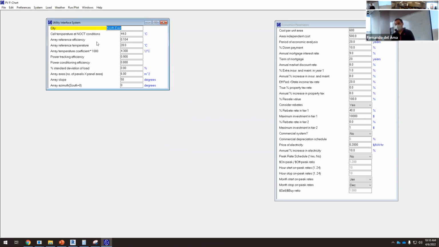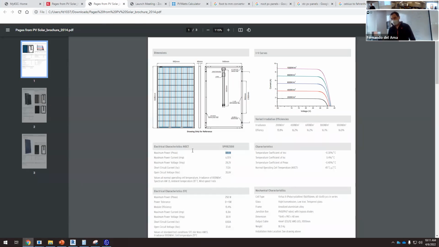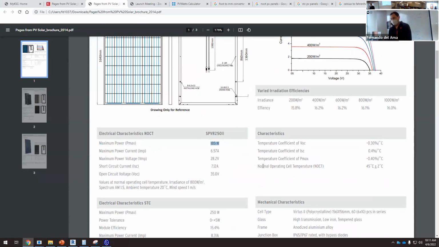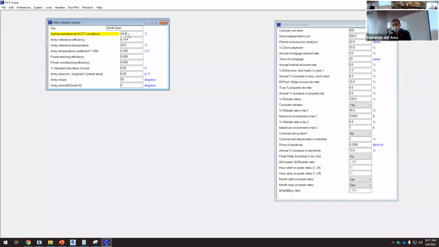So all the systems have some limitations. But here we have the cell temperature at NOCT conditions. Okay, that's good news, because if you remember, we have this information. So what's the normal operating cell temperature? It's 45, it can be from 43 to 47. Okay, so we can type here 45, because we know this.